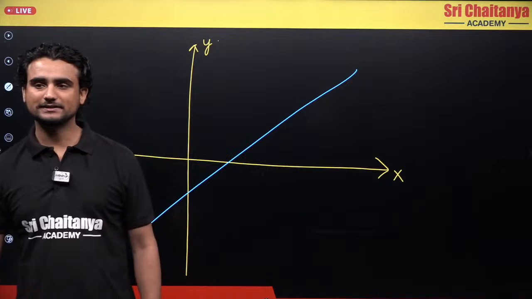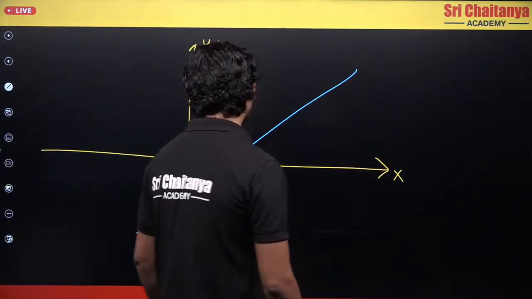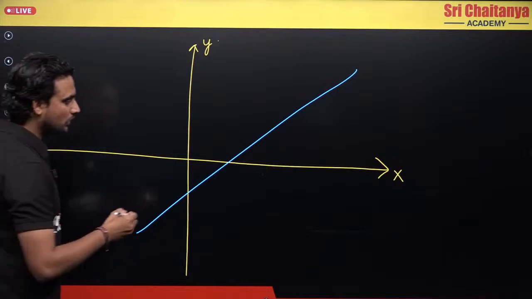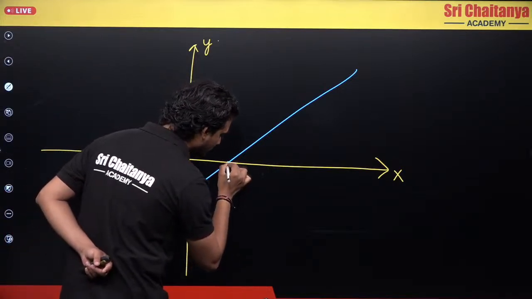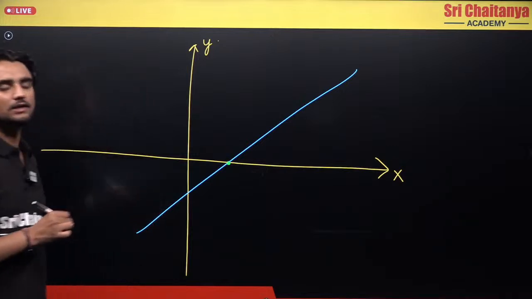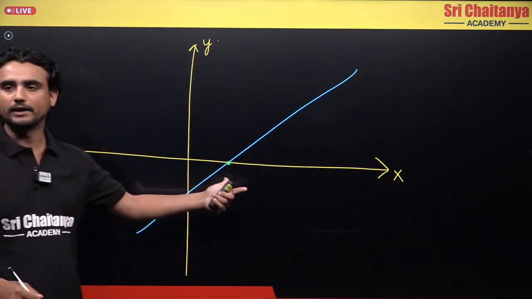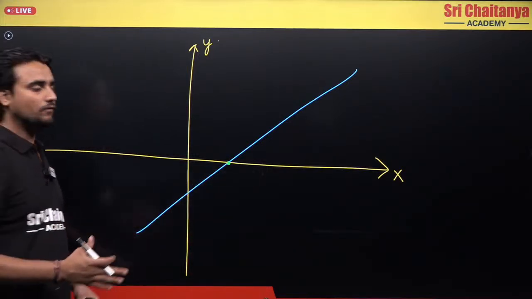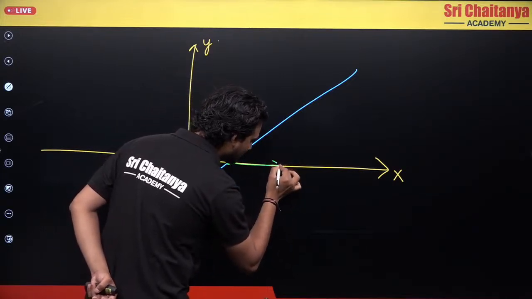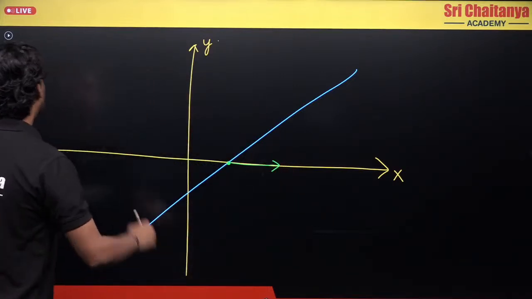First of all, how to find the slope? You locate the point where the line is cutting the x-axis. I have located the point. Then from that point I will always draw a line along the positive x-axis. So what is the first thing?